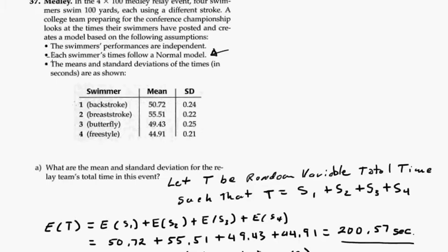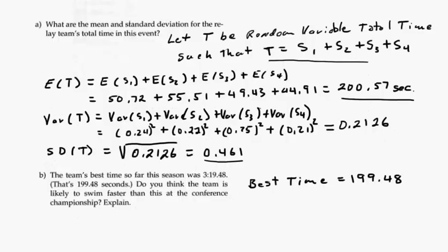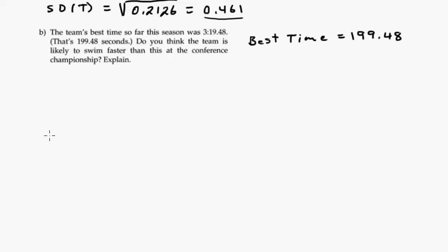Since each swimmer's time follows a normal model, so in other words, there's a normal model for the time of swimmer 1 and a normal model for S2, and so on, then when you combine them, as we have done here, the total time T will also have a normal model. Let's think about what that normal model would be.